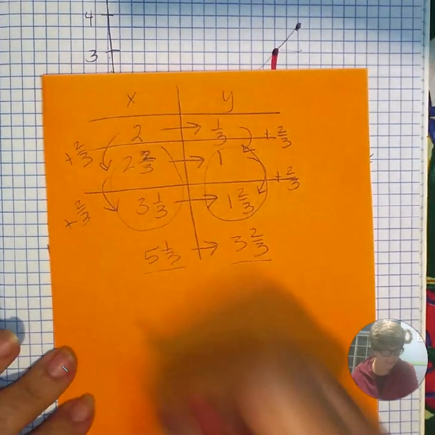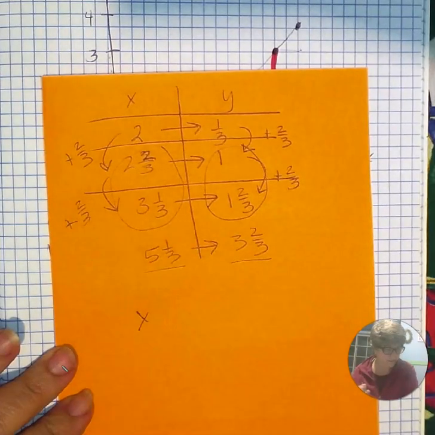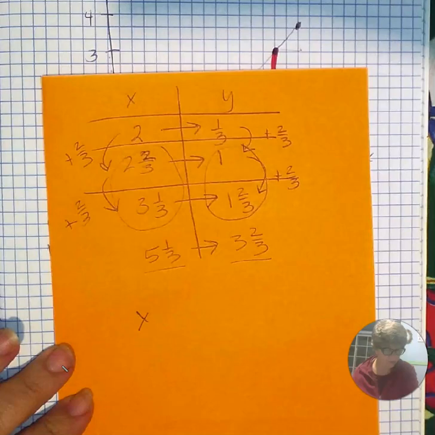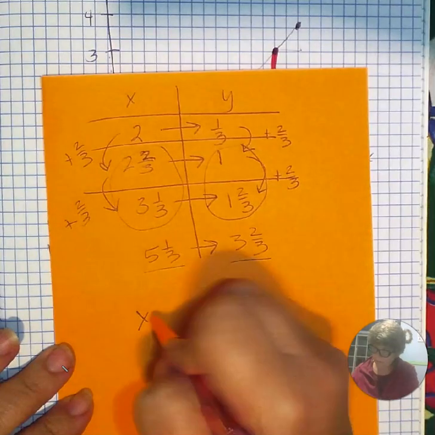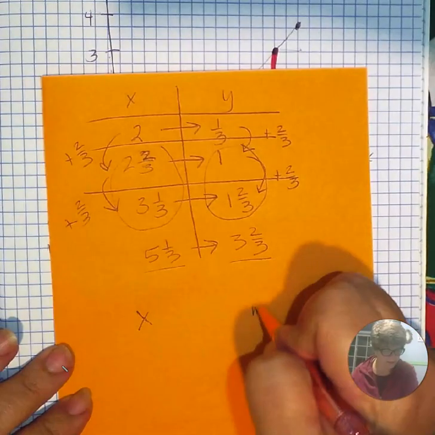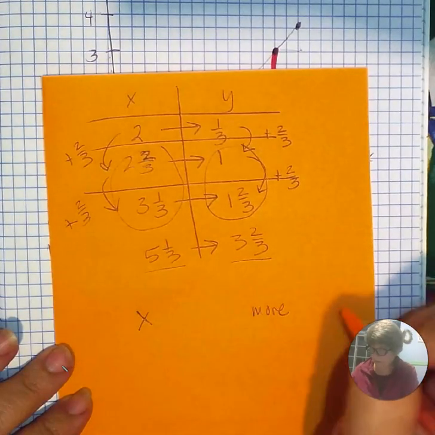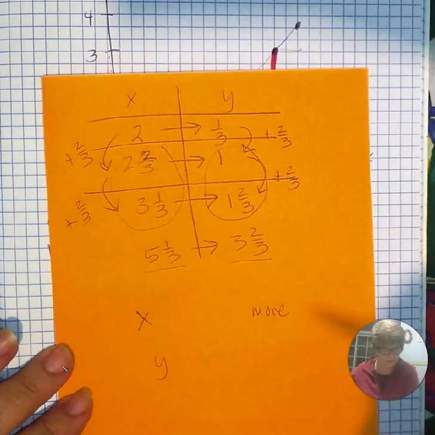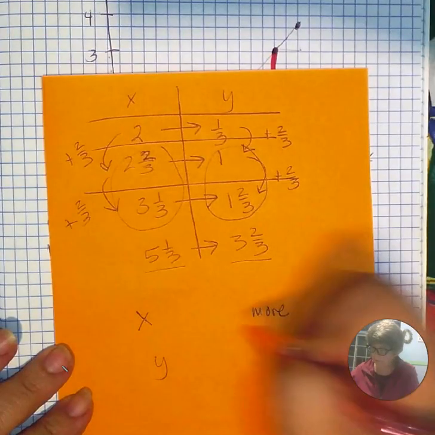Okay, so in letter E, fill in the blank. The x coordinates are how much more than the corresponding y coordinates. All right, so how much more would it be?